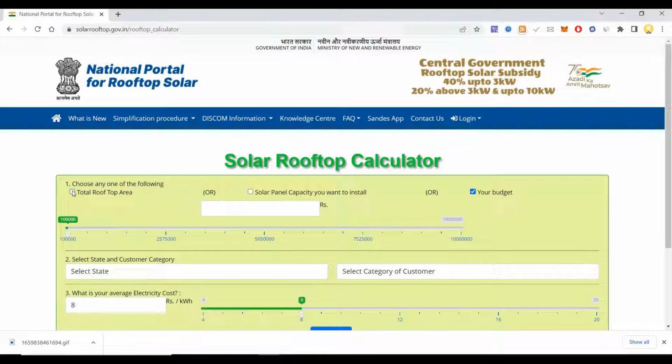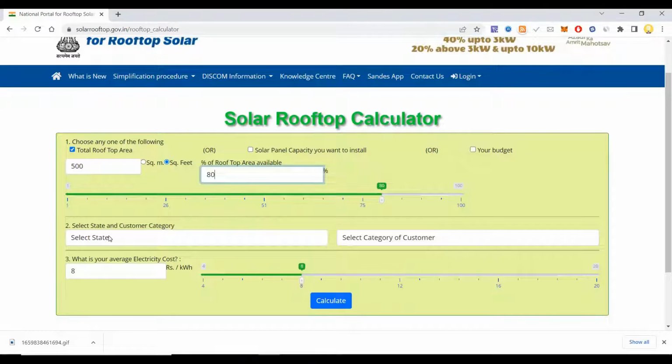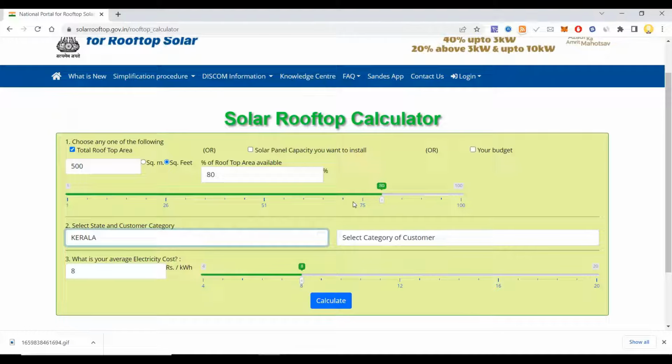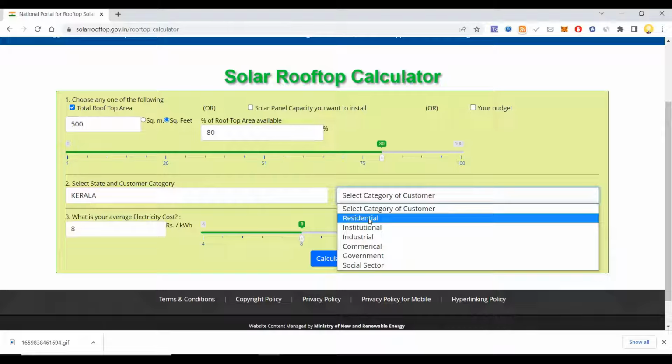So let me put total rooftop area here, and I am saying there is 500 square feet of area, and out of this, the percentage of rooftop area that is available, let me say 80% is available. Now I have to select a state and customer category. I'm saying it's Kerala, and the customer category is residential.